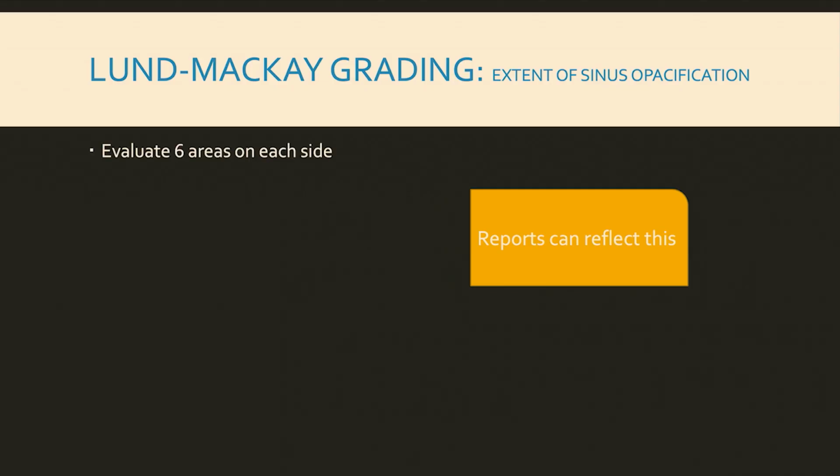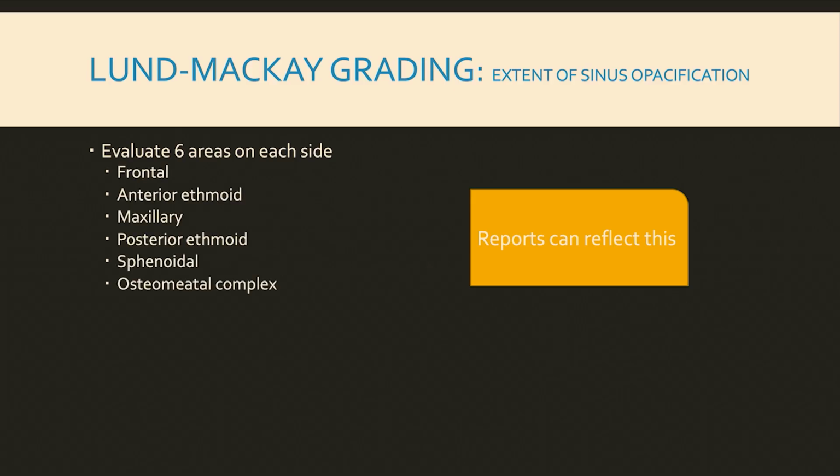So this is the Lund-Mackay grading system, guys, and your reports can reflect this. So my template is each sinus, right and left. So frontal sinus, right, left, anterior ethmoids, right, left, posterior ethmoids, right, left, and I go down like that. So frontal, anterior ethmoid, maxillary, posterior ethmoid, sphenoidal, and the OMC.